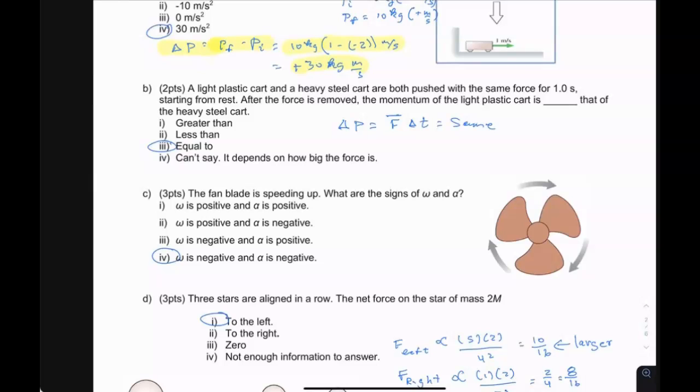Well, in this example, the change in the momentum, which is defined as the impulse, or the average force times the time interval, is the same for each case. So the momentum of the light plastic cart is equal to that of the heavy steel cart.